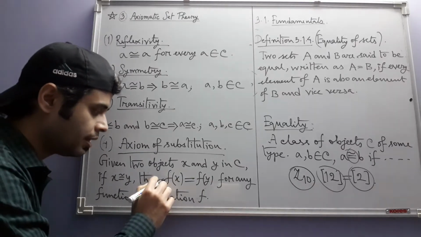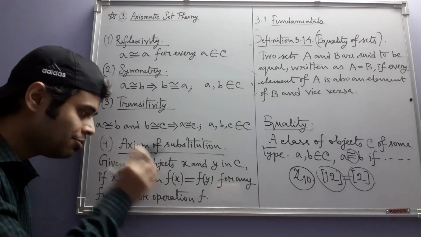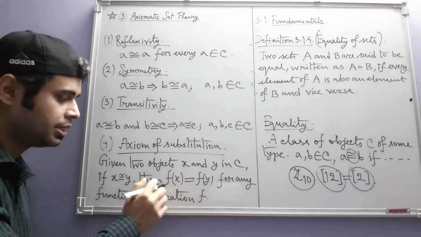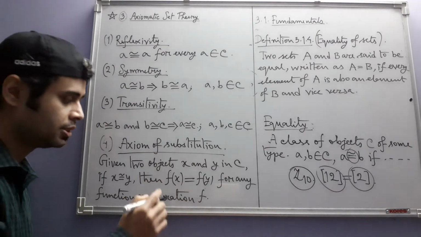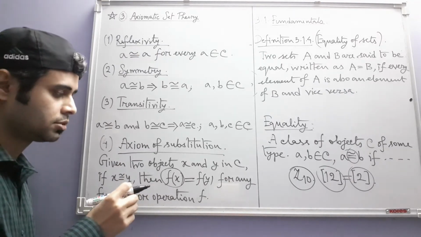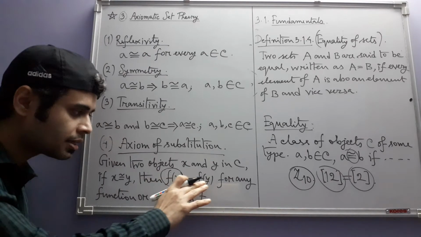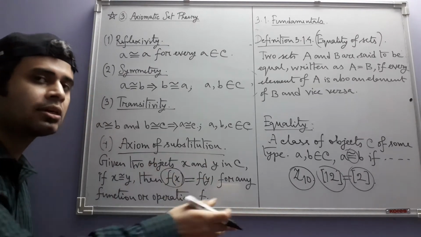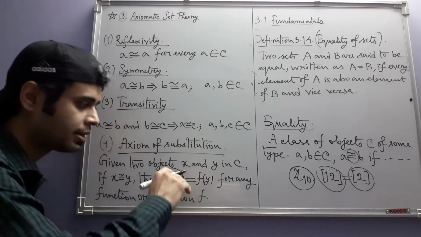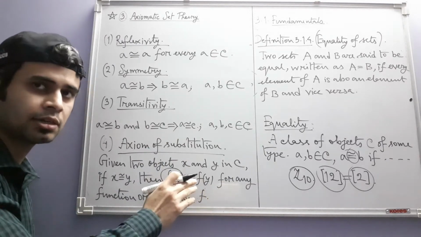What is F? F is some operation or function in which if you put X as an input, then it gives some sort of output. Now this output is not necessarily a number. It can be anything. Fx, Fy are some other objects of some other type. And this equality is yet another concept of equality in that class of objects, Fx, Fy.